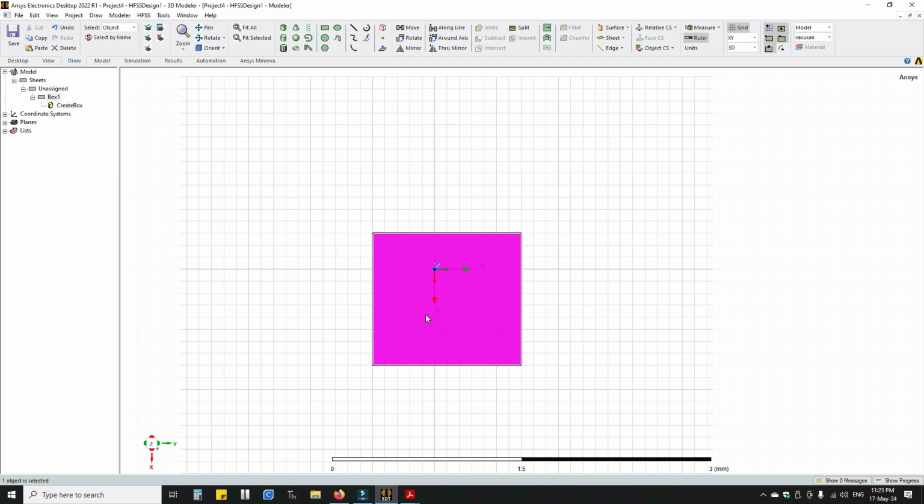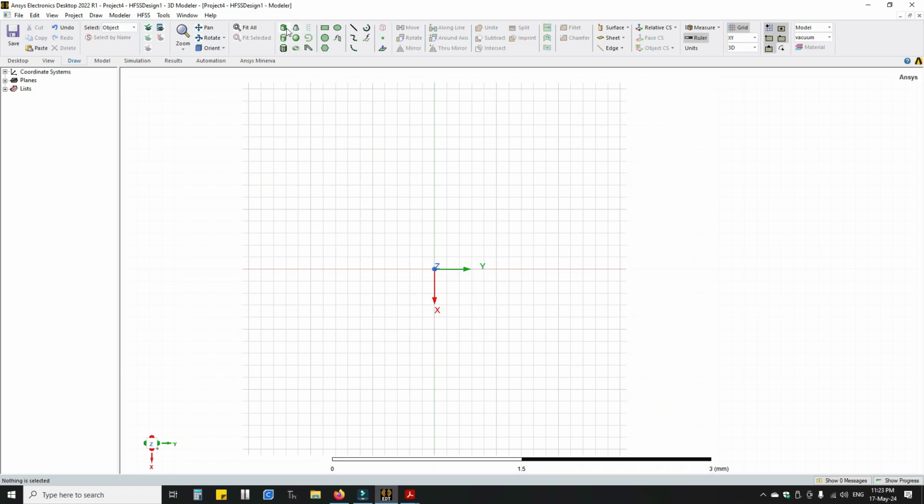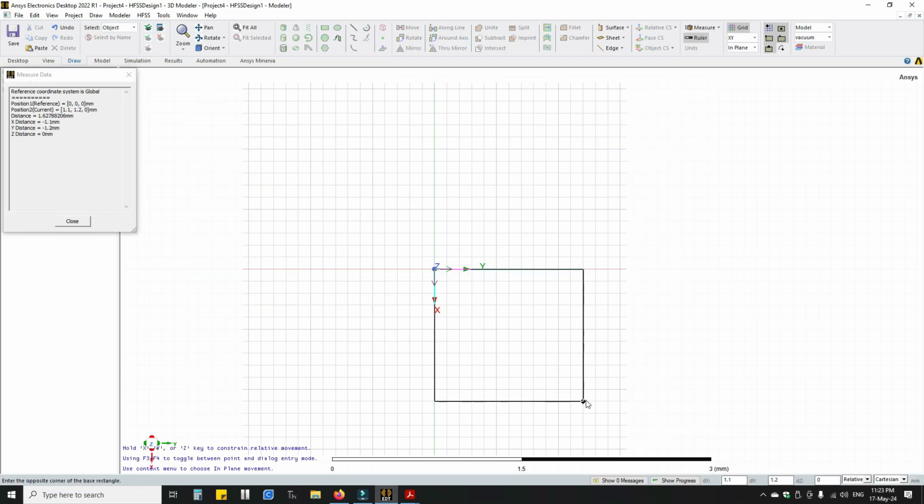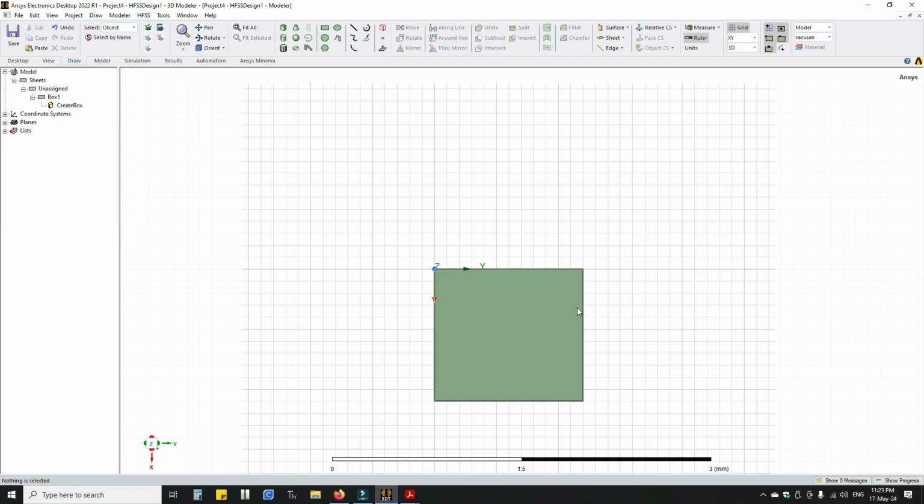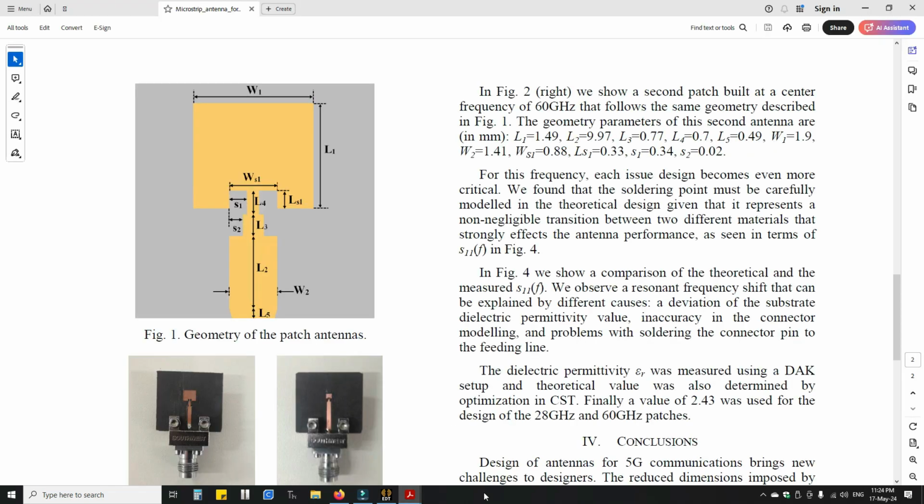Another way is with the origin at the side, and the antenna is designed somewhere here, here, here, and here. There are four quadrants, and you can choose any quadrant to place an antenna design. Most design engineers preferably use this quadrant to place it.